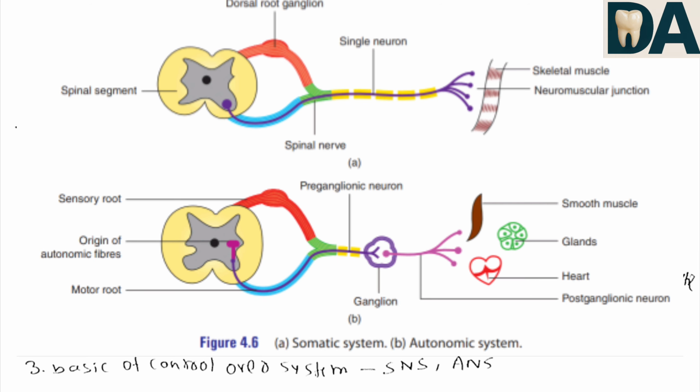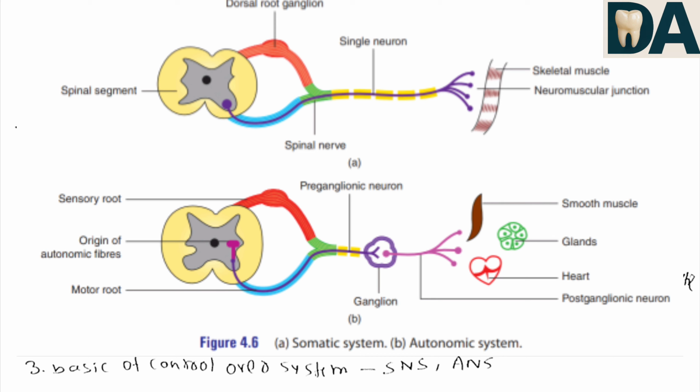On the basis of control over system: somatic nervous system and autonomic nervous system. Somatic nervous system is a part of the nervous system that perceives stimuli from the external environment and controls voluntary activity of the body.